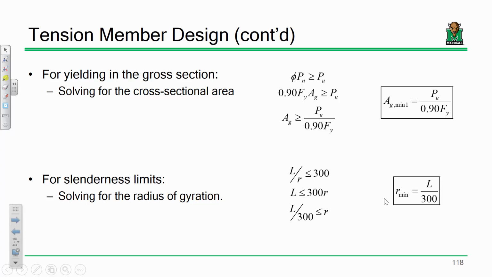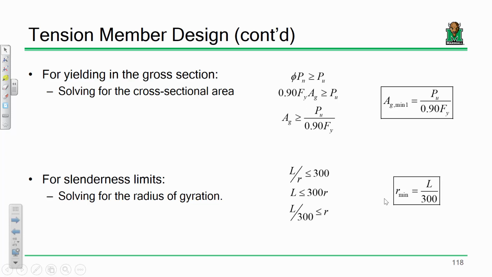So divide, and I find that Ag must be greater than or equal to (1.2 dead plus 1.6 live) over 0.9 Fy. Boom. There's design right there. In other words, I will pick one of these members, I find one of these members that has a gross area bigger than that, and I know I've met that limit state.